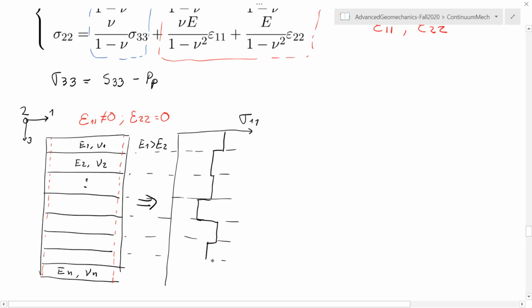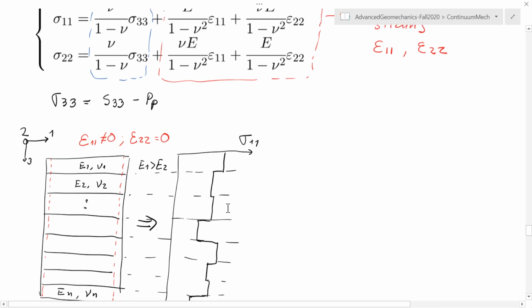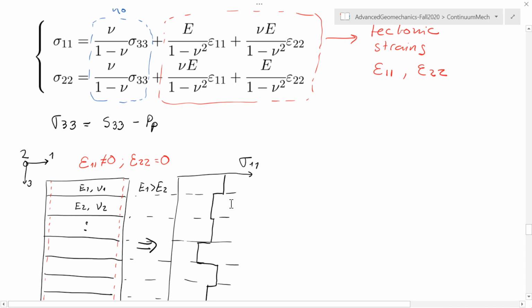This is going to be a function of the Poisson ratio as well, but usually when you have a large tectonic strain, the tectonic strain is going to overcome the effect of the Poisson ratio. And that stiffness is going to be very important as well.